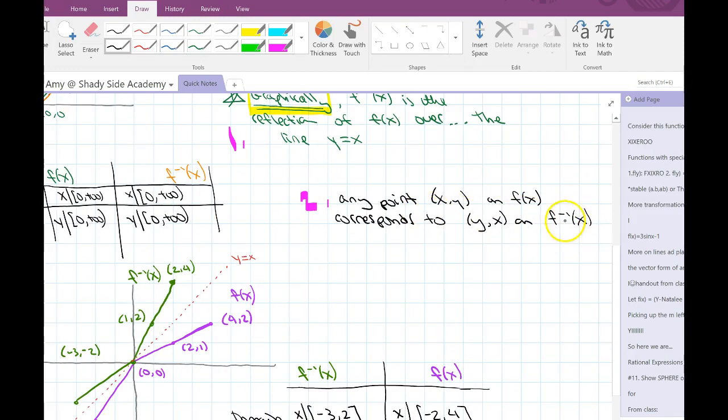This is just the formal way of saying, look, notice the x and y coordinates reverse between a point on the function and a point on the inverse, okay?